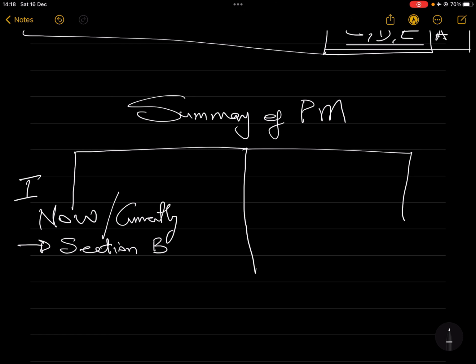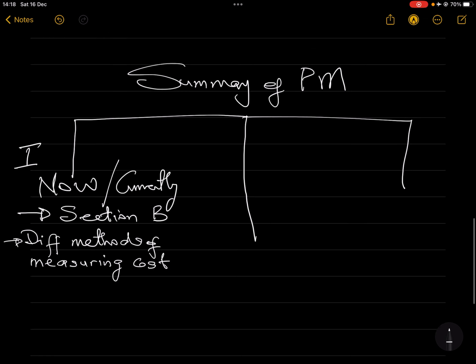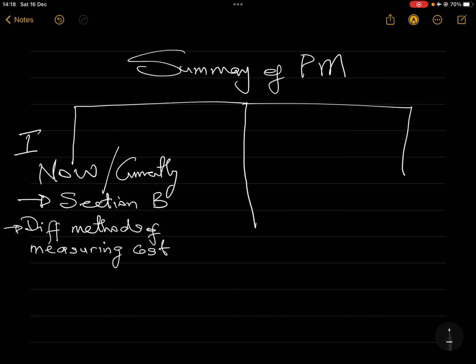Which means in section B, you will learn different methods of measuring cost. When you learn those methods, you're also going to be asking yourself, what method will be most appropriate for a company and why? These are the things you will learn in section B.